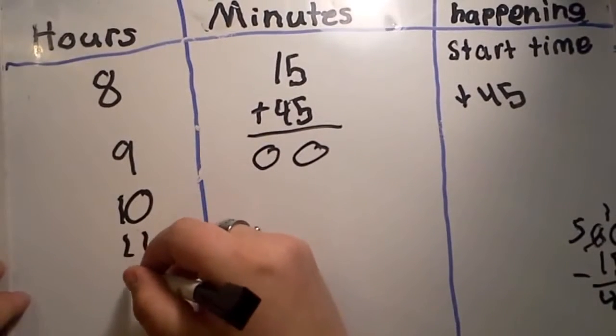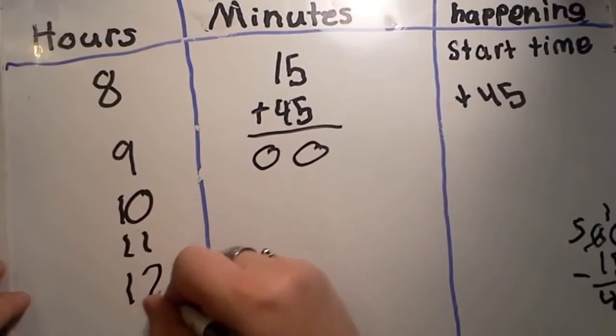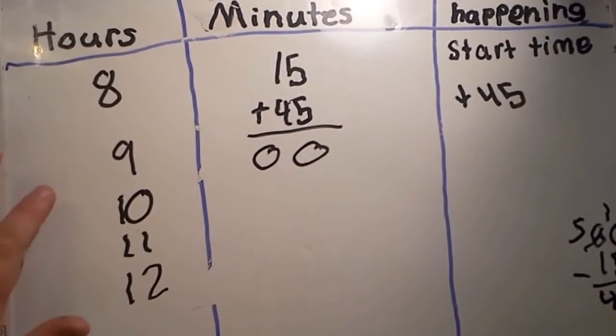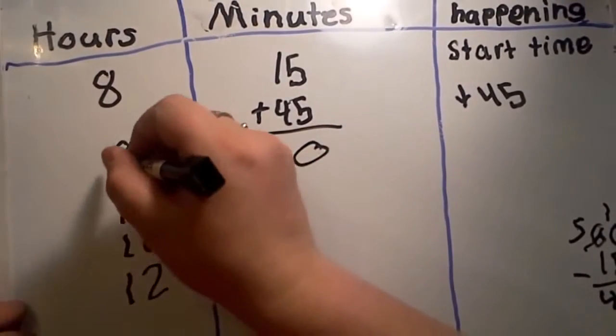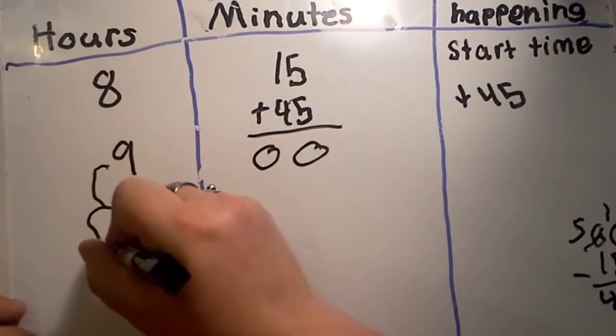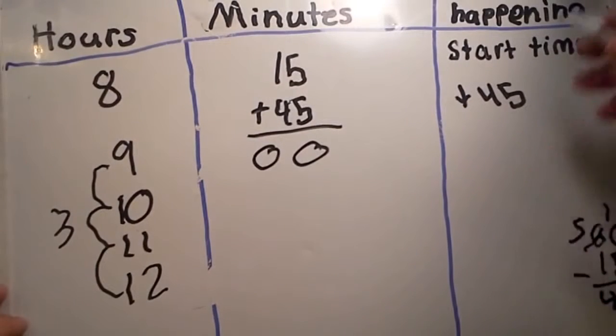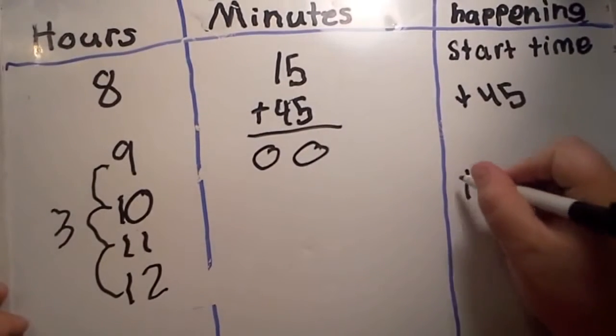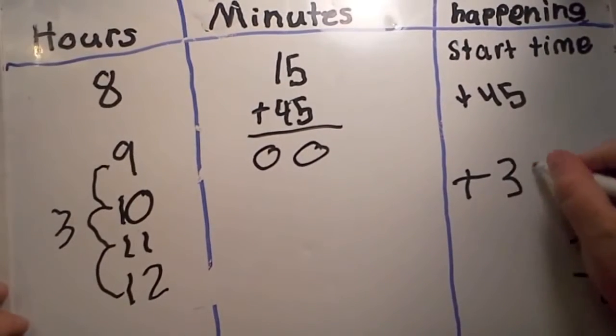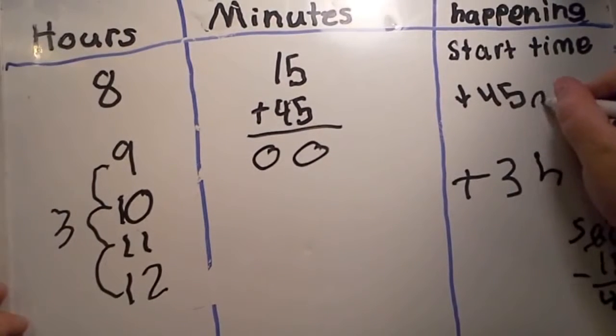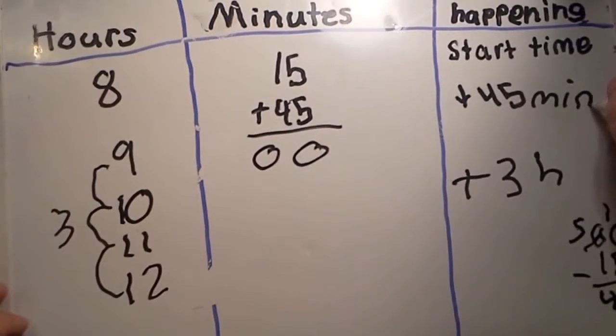And a third hour would be 12 o'clock. What I did was add 3 hours here. You see 1, 2, 3. So over here on what's happening, I'm going to put 3 hours. And I'll put minutes right here.